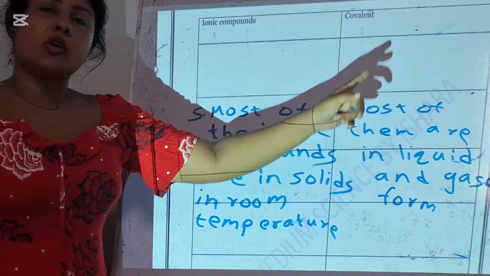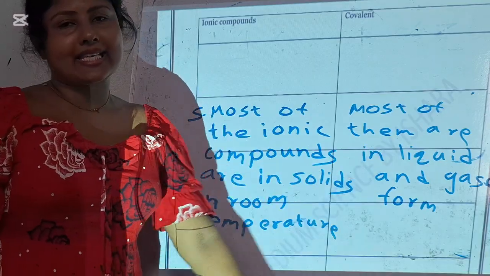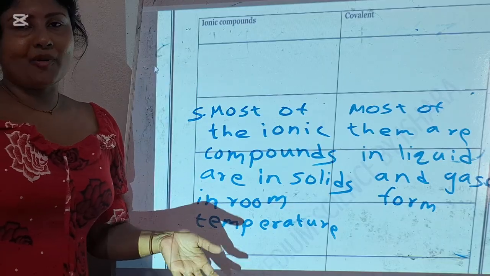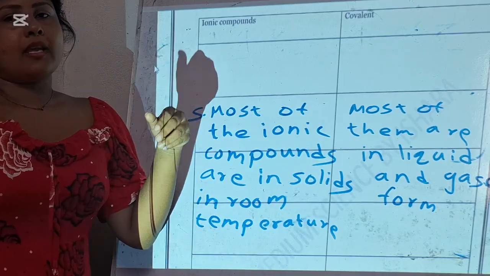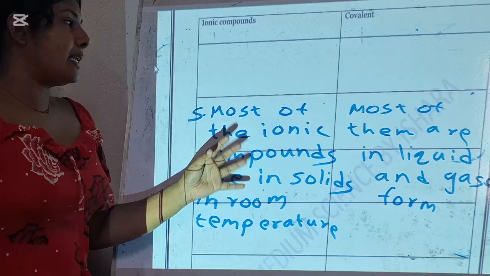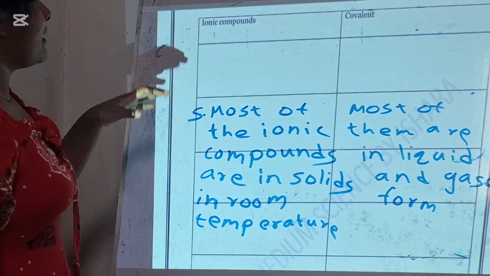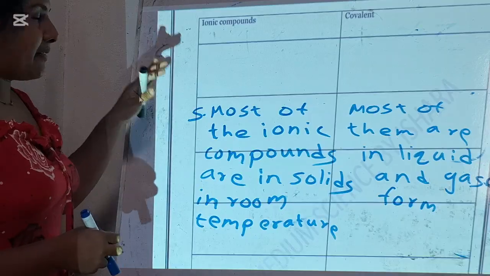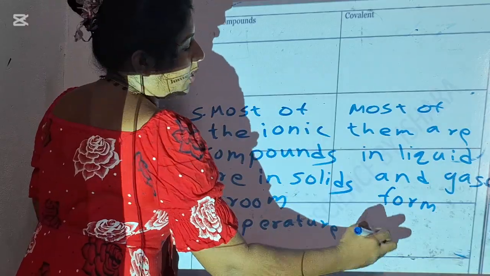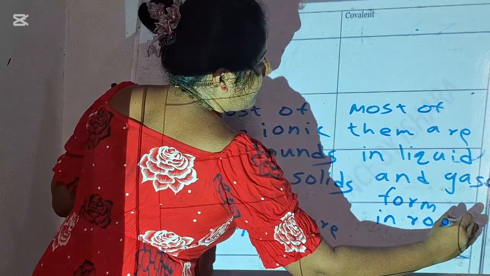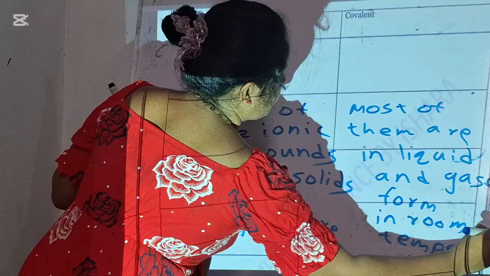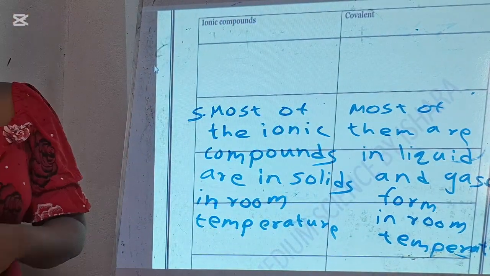That's why most of the covalent compounds are in liquid and gaseous states. But if we take calcium oxide, lithium oxide, sodium chloride, magnesium chloride, they are in solid form at room temperature. Write them in your sheet.